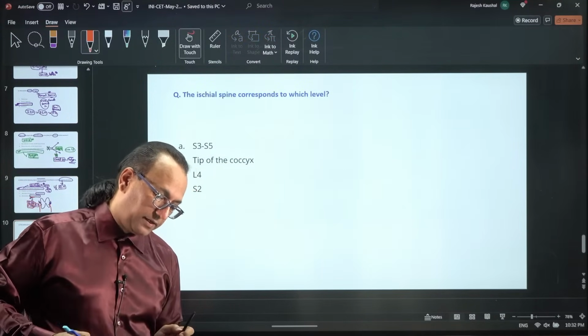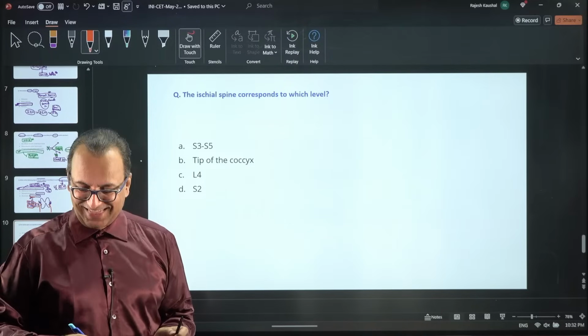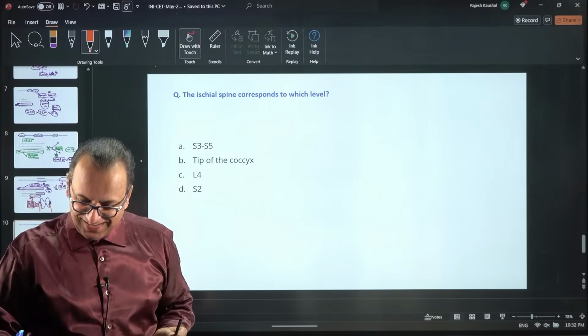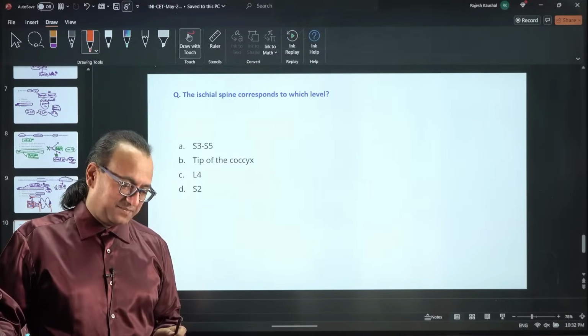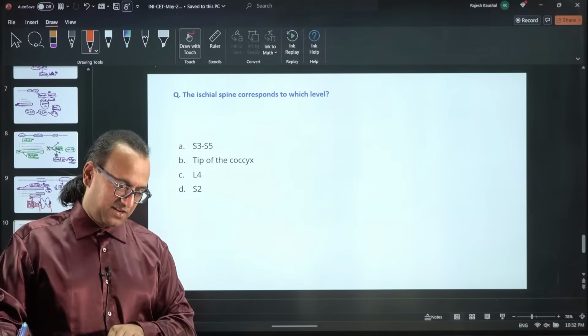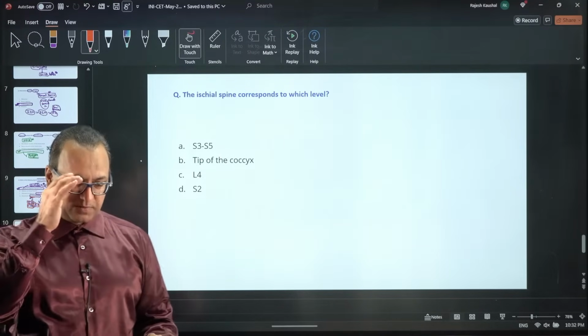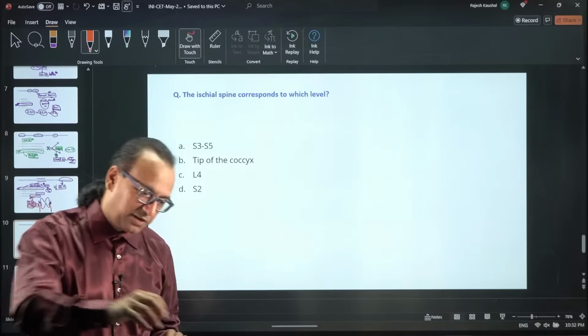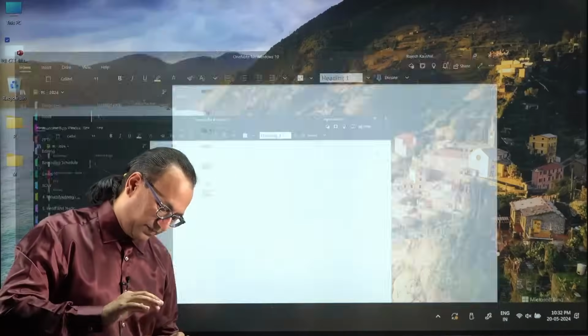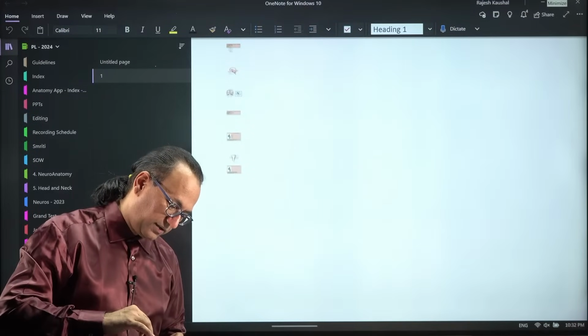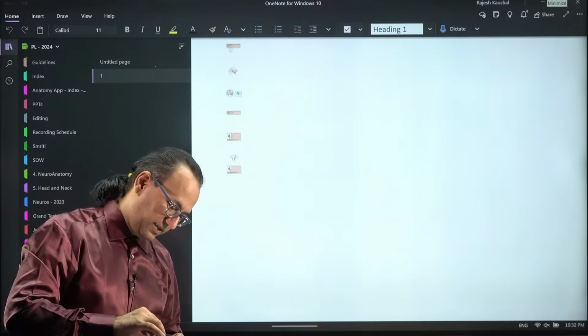Then this ischial spine. Now, this is a controversial question. Ischial spine. What do you think is the answer? Now the problem is I have all the diagrams on my computer somehow, and let me see. Actually I tried to sync it. Let me see if it has come.